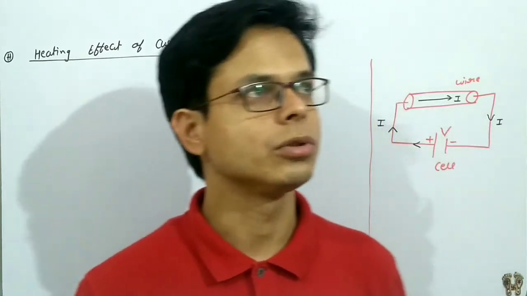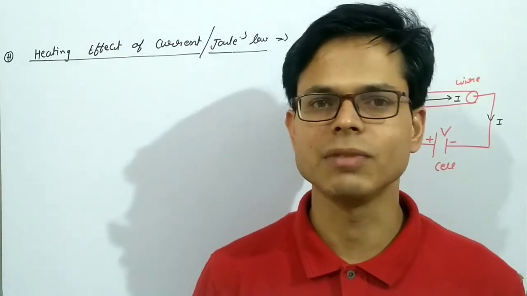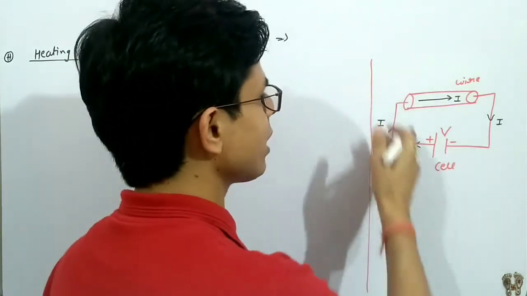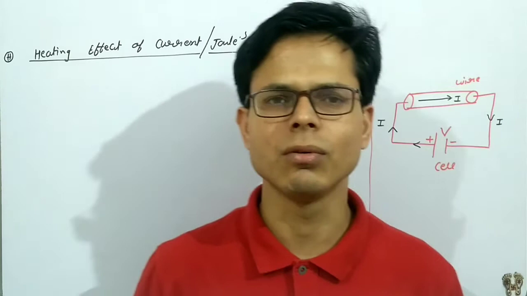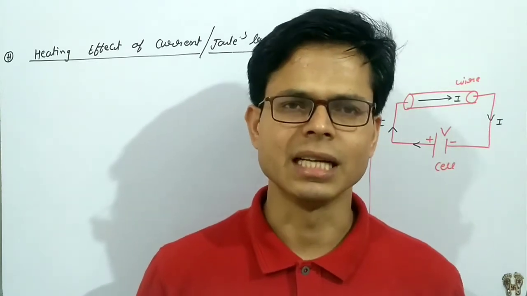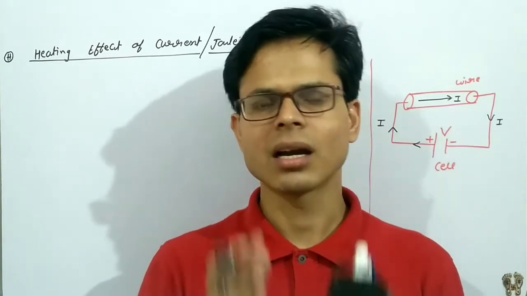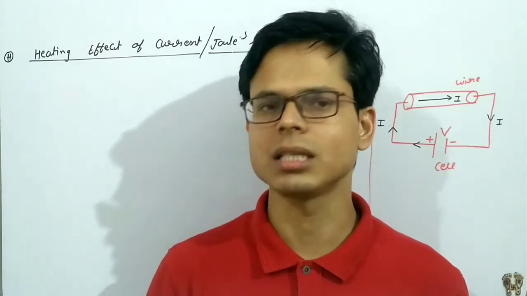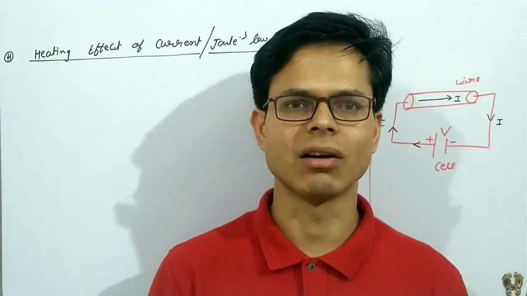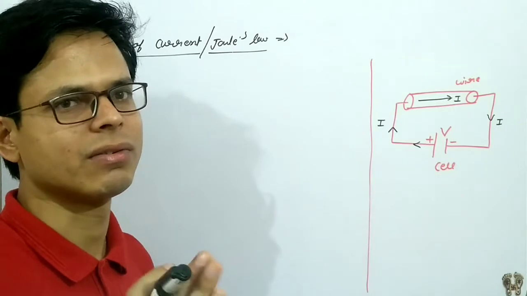If you switch on a bulb, you feel that it heats up after some time. That means when current flows through a conductor, heat is produced in that conductor. This is called the heating effect of current.